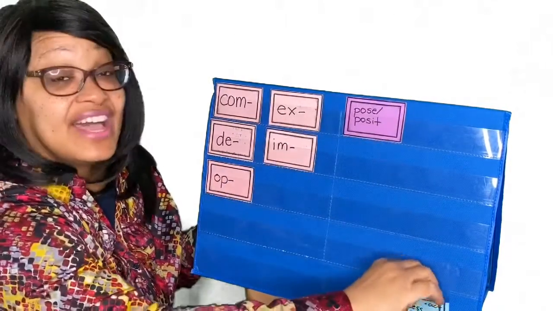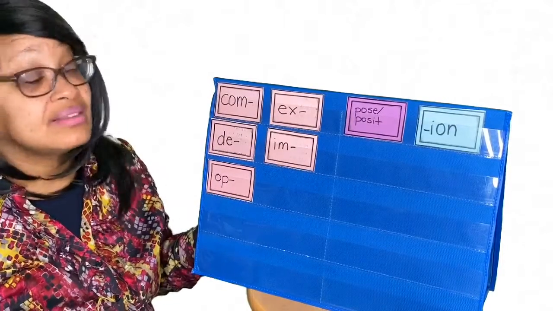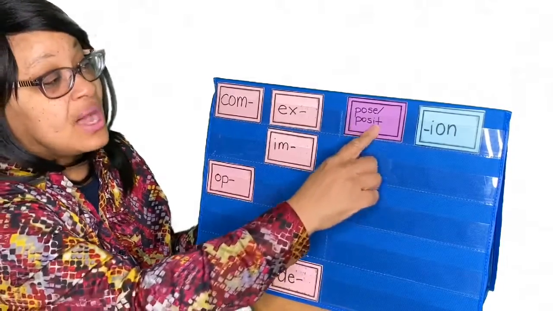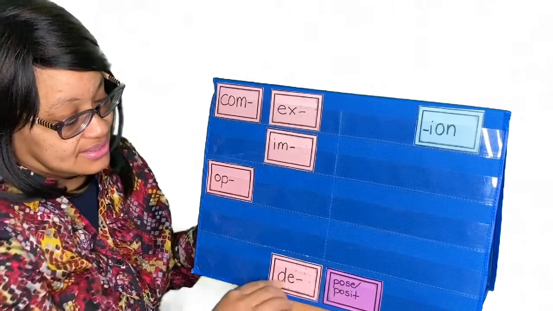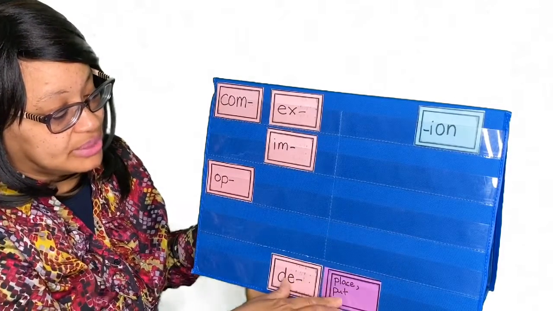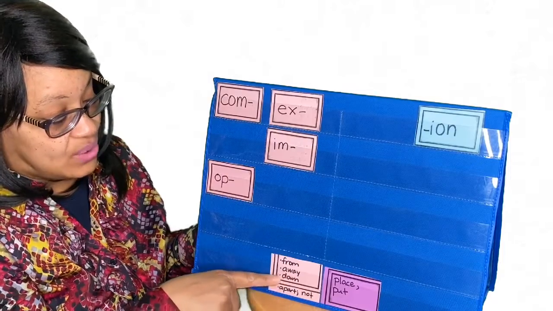Okay, let's try another one. Let's try deposit. So here's our D. Posit. Deposit. What is deposit? When you deposit, you place or put away or down.